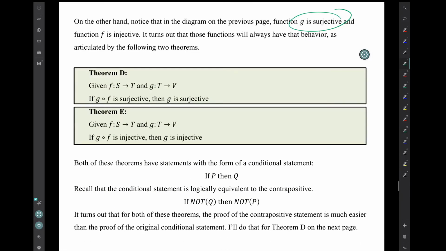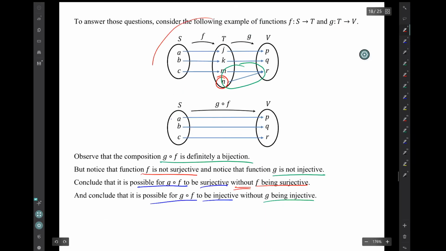And also notice that the function f is injective. So in this diagram, f was not surjective because there was no input that would cause the value n to be output. But f is injective. Different inputs always cause different outputs.